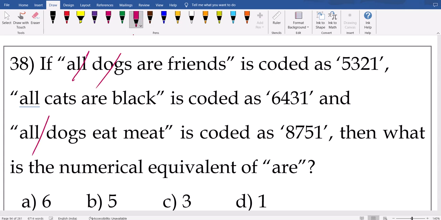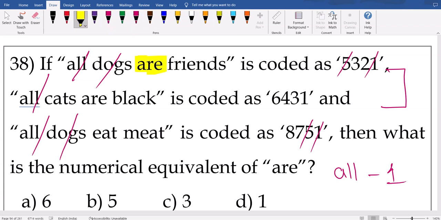All dogs, numbers common, 5, 1, 5, 1. All is common in everything, number is 1. First remove all. All is common everywhere. So all is nothing but 1. Throw it out. Now, compare first and second. What is available? R. Number 3. That's it. R is nothing but 3.